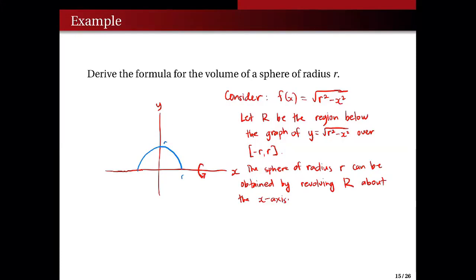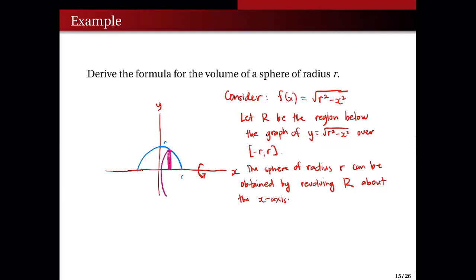If we look at this particular rectangle in here, when you revolve this, of course, what you will get is a circular disk.